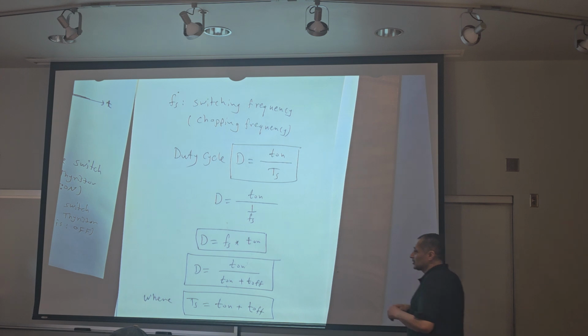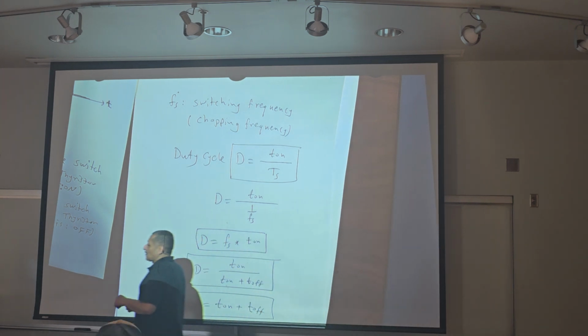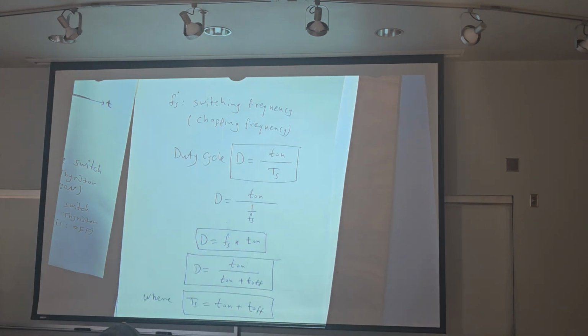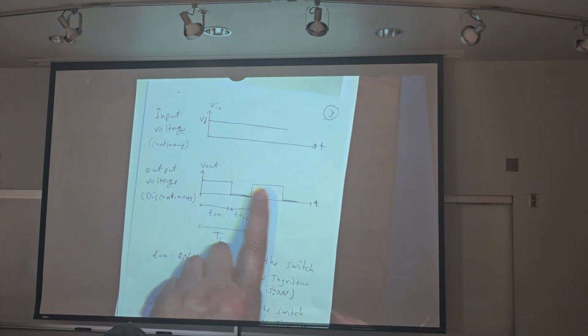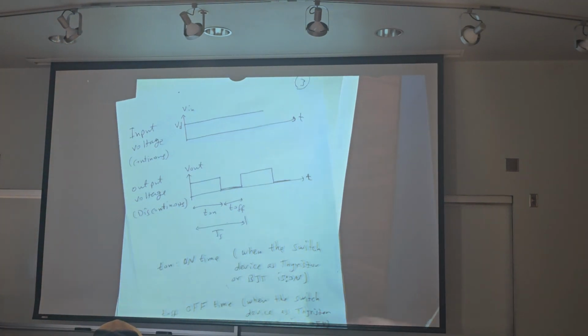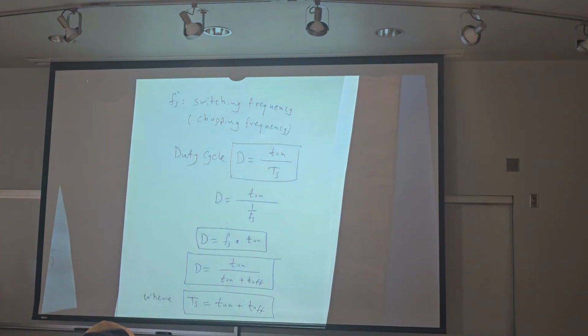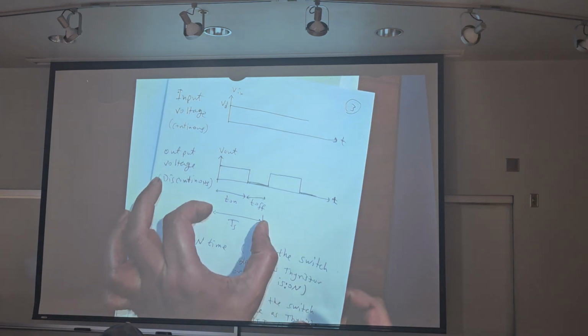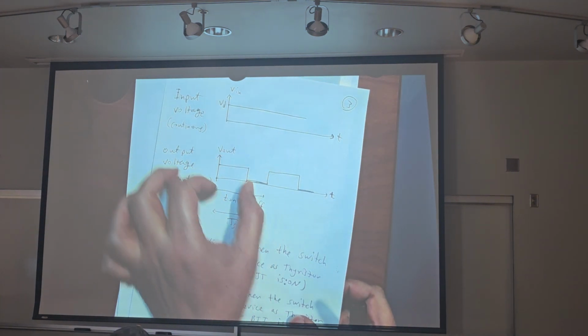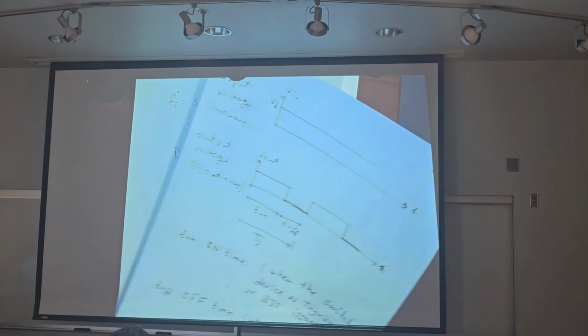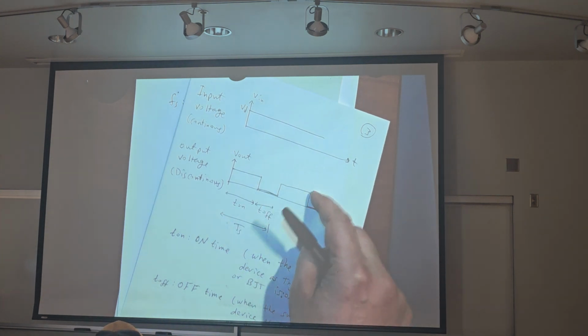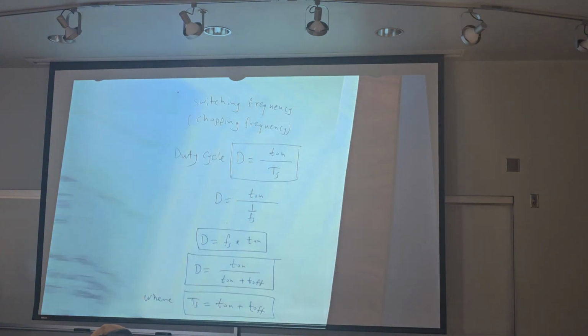Why? Because on and off are repeated, maybe 1,000 or 2,000 times depending on the frequency, so you take just one period, since the periods are similar.